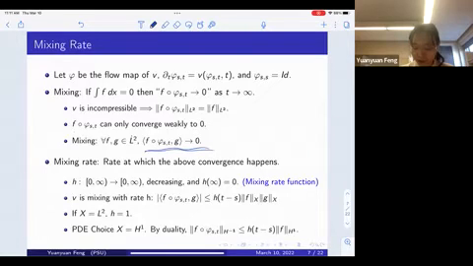We call it the mixing rate function. V is mixing with rate H means that the correlation of F composed with phi and G is always bounded above by the mixing rate function H times some norm of F times some norm of G.